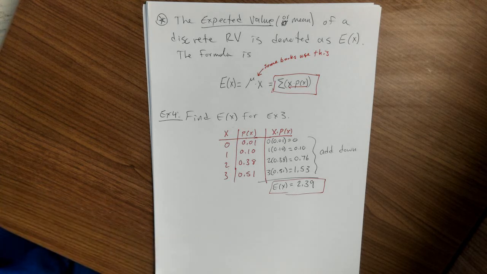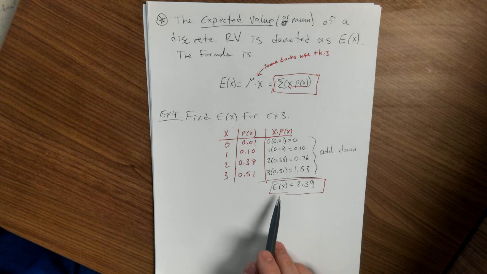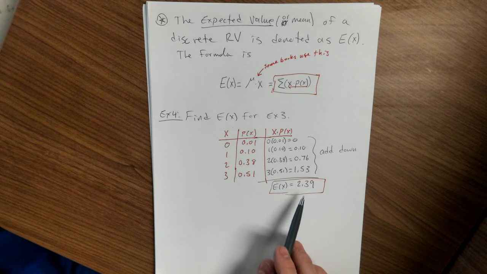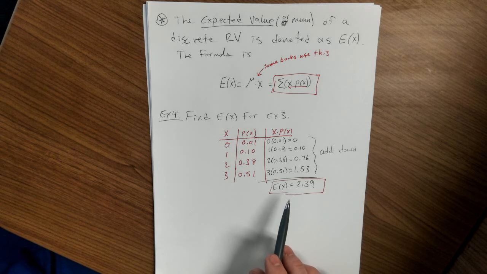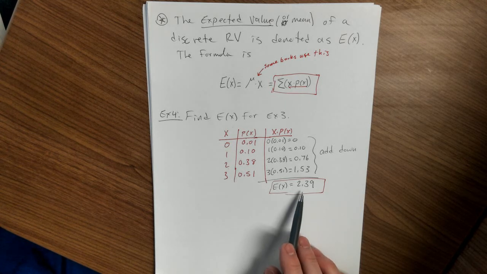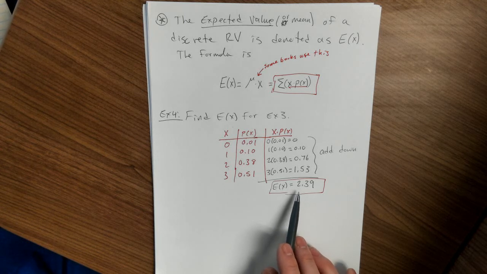So what does this mean exactly? What are we doing here? What does expected value of x equals 2.39 mean? This doesn't mean that we're going to make 2.39 shots, so that's something not to be confused about here.